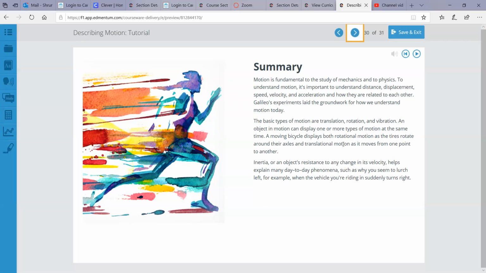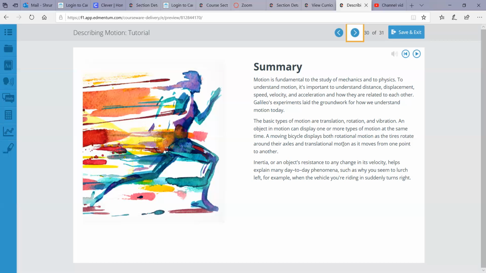A bicycle is a good example. The tires are rotating, exhibiting rotational motion, and the bike can go in a linear direction or a curvilinear translational motion is being used for that.